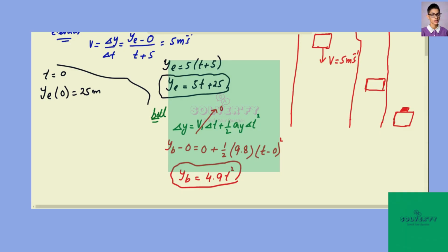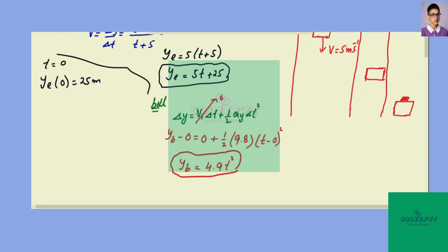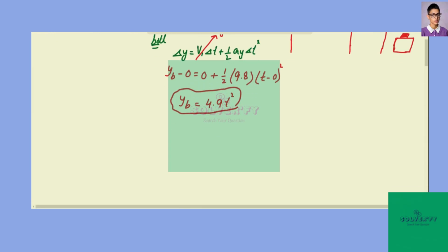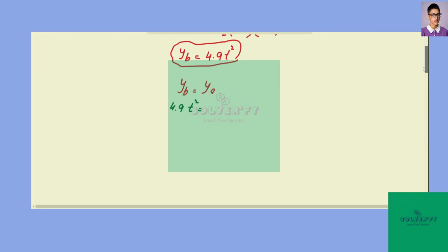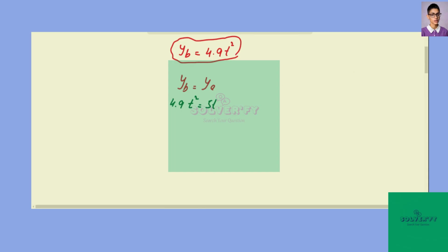When the bolt hits the elevator, then the position of the elevator and the bolt will be equal. Now by equating yb and ye, we will have yb which is 4.9 t square and ye that is 5t plus 25.